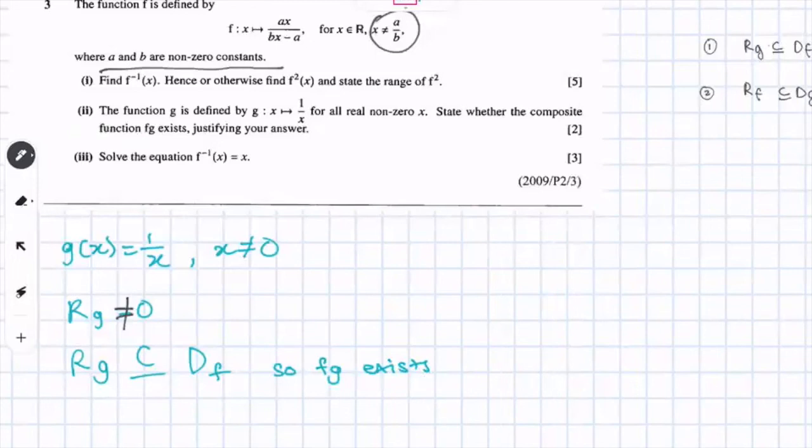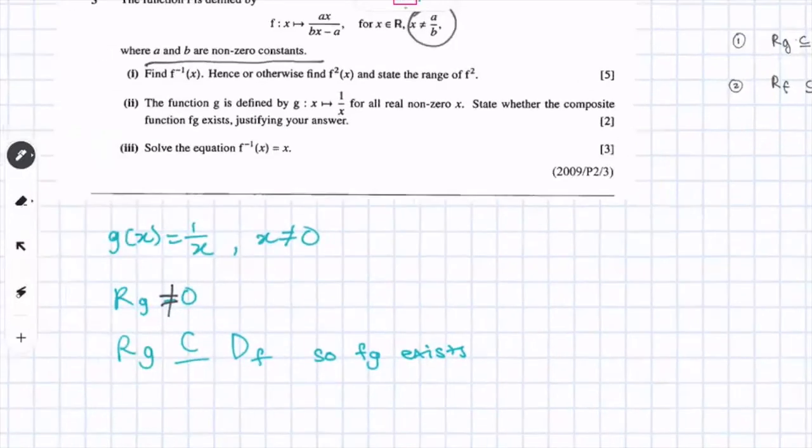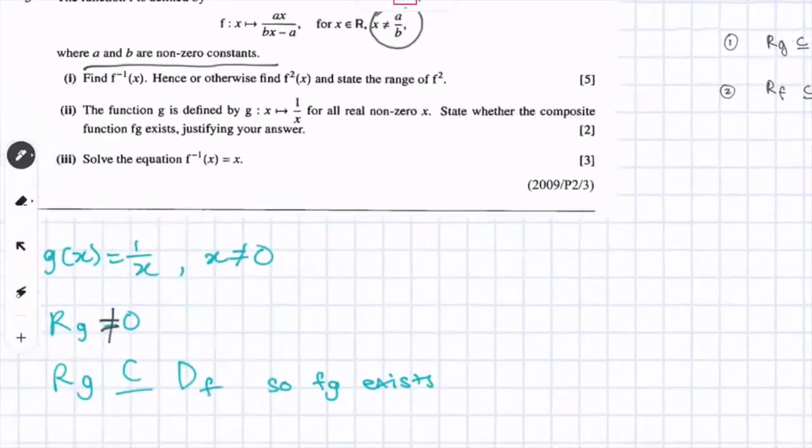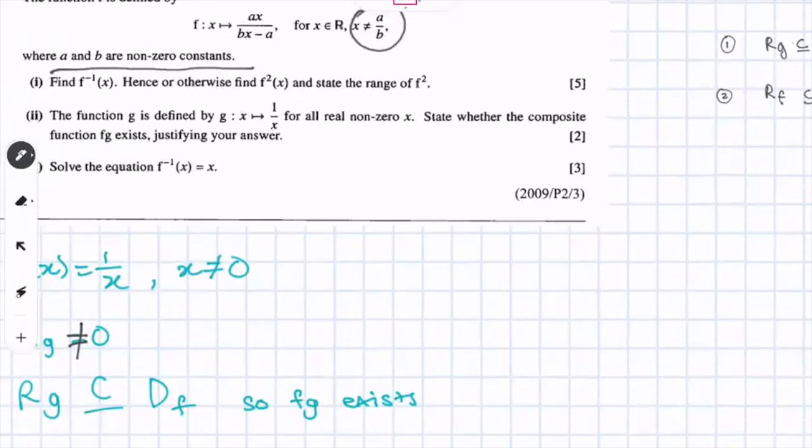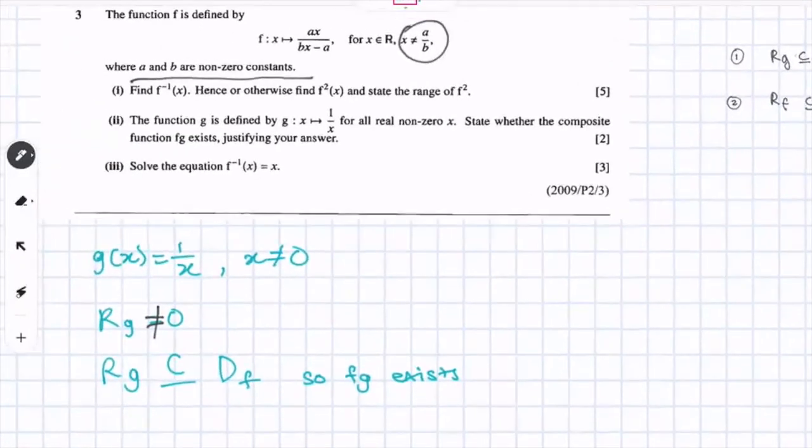Okay, so that's it, right? No. It's not a subset. Something that is not equal to 0. That means if x equals A over B, then it's already wrong.